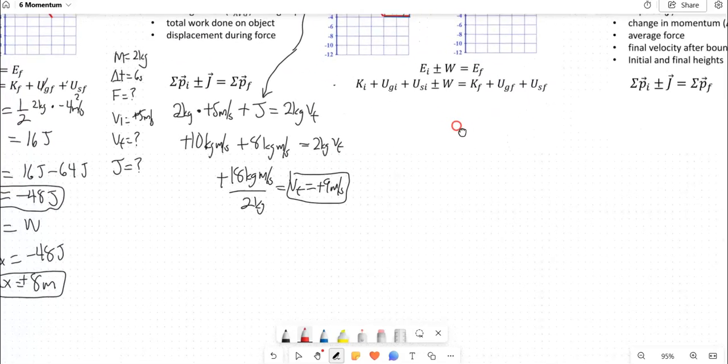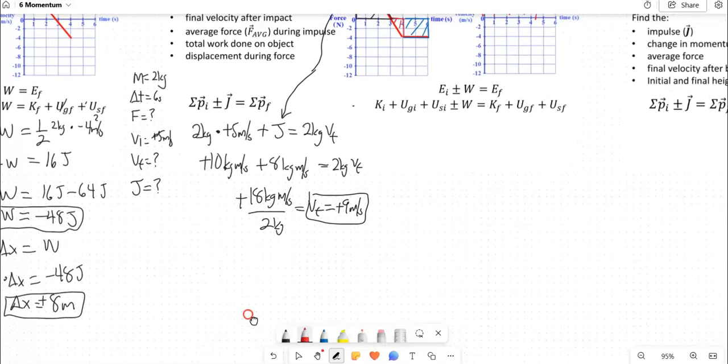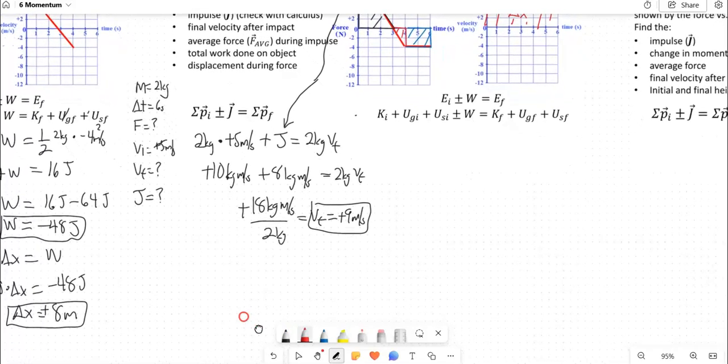Let's go ahead. I forgot to mention that we are supposed to find the average force during the impulse. We didn't do that. I am so sorry. So the average force, in a way, this is almost like a statistical average force, times time. Okay.